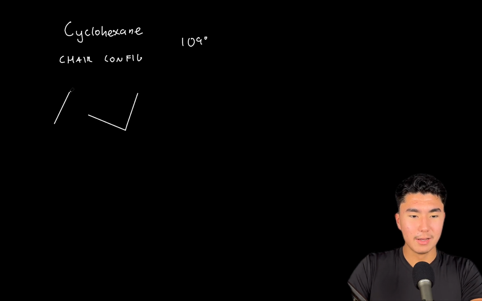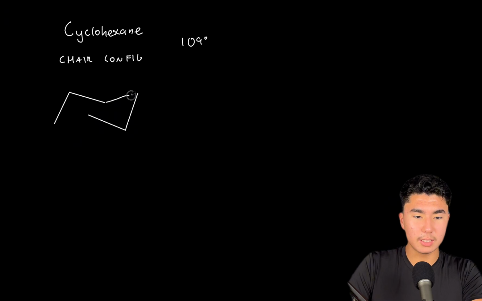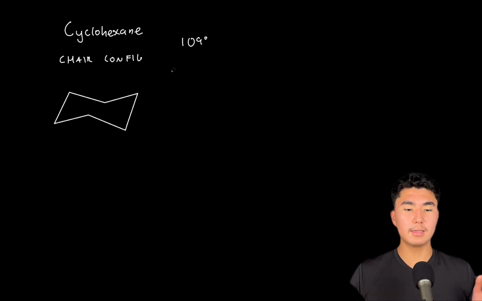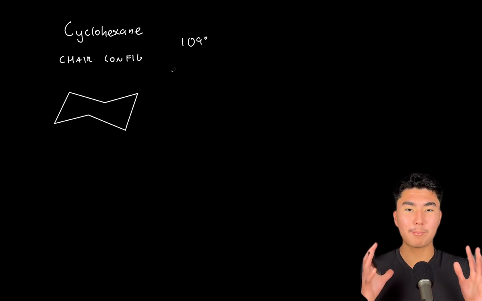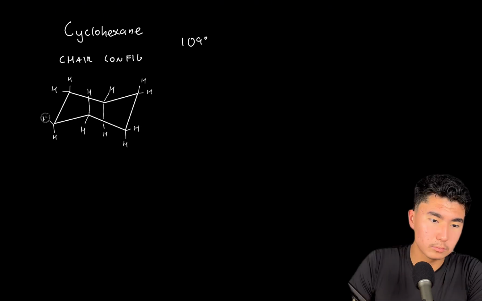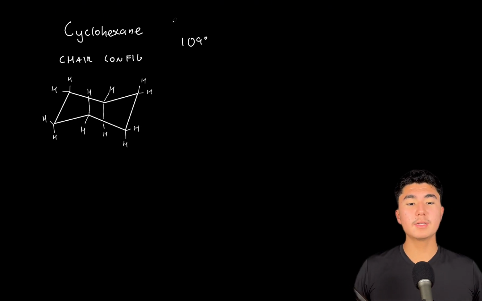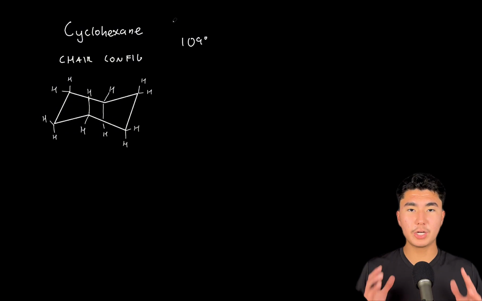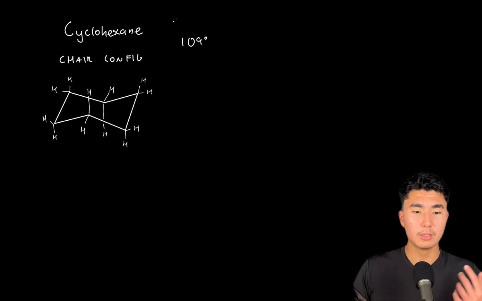This guy will do pretty much the same thing. And now just connect from here. There's a connection right there, and a connection right there. And that is a way you can draw your cyclohexane. Like I said, I'm still working on drawing it perfectly, but this is as close as I've gotten so far. So this is what the chair configuration is going to look like.